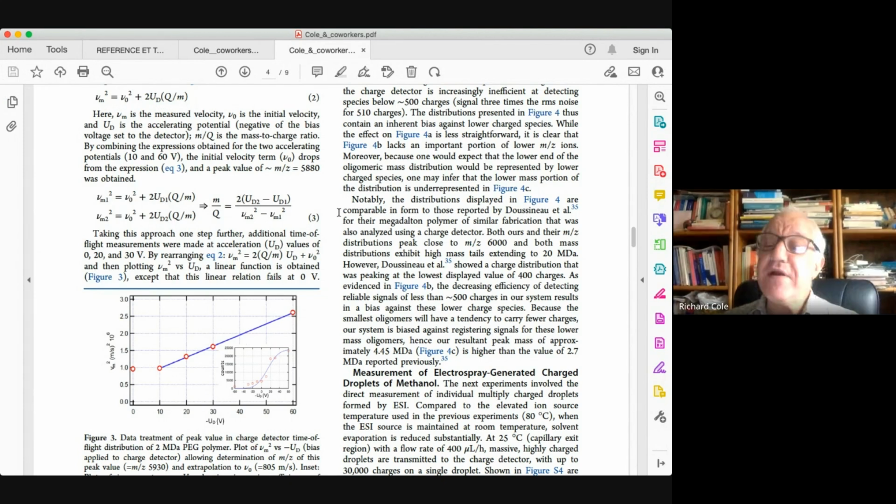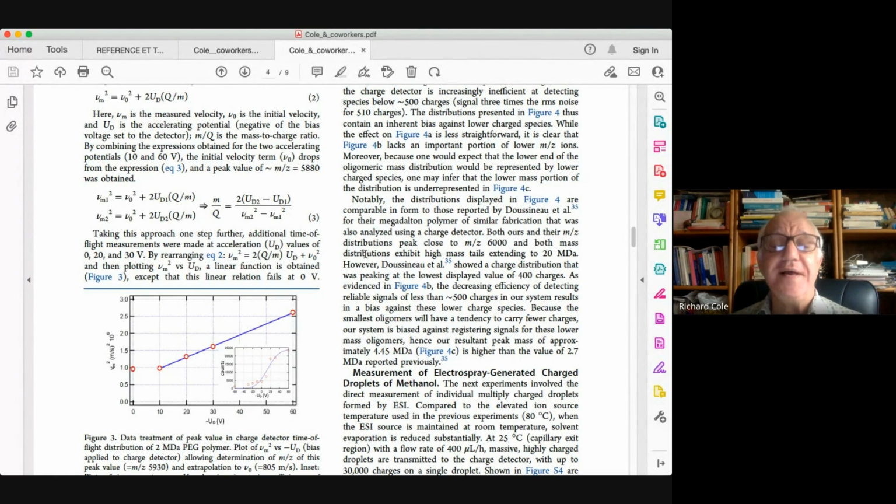And the very fortunate thing is that the initial velocity drops out of the equation. So we can solve for mass to charge values as twice the difference between our accelerating potentials divided by the difference of the squares of the two measured times of flight through the charge detector.